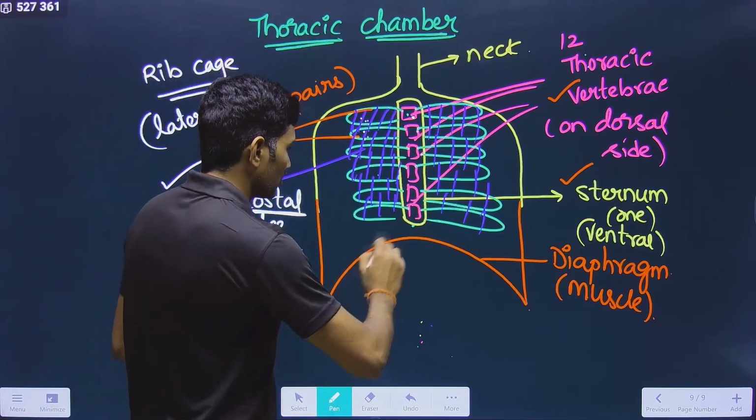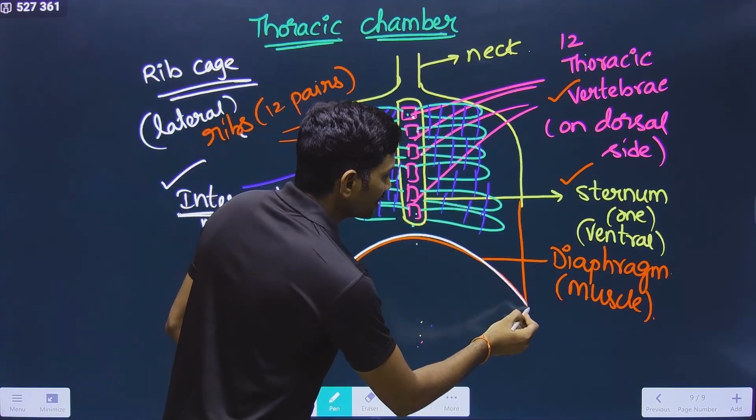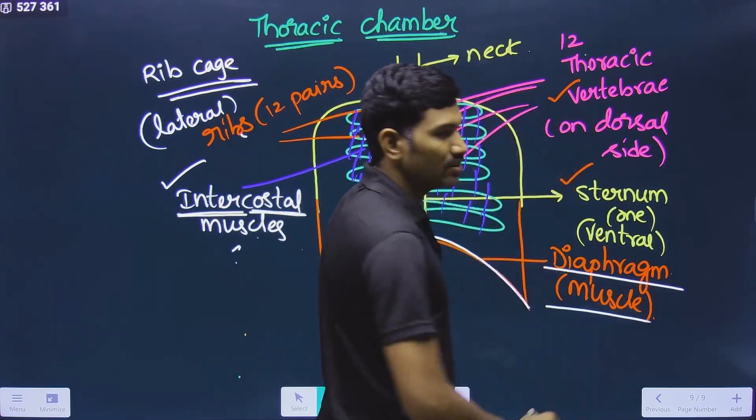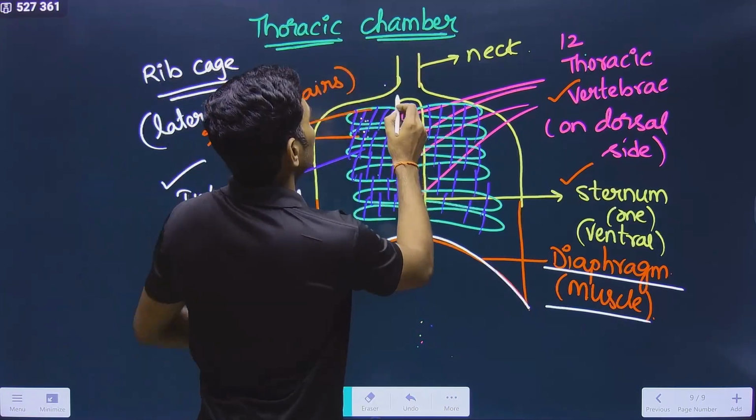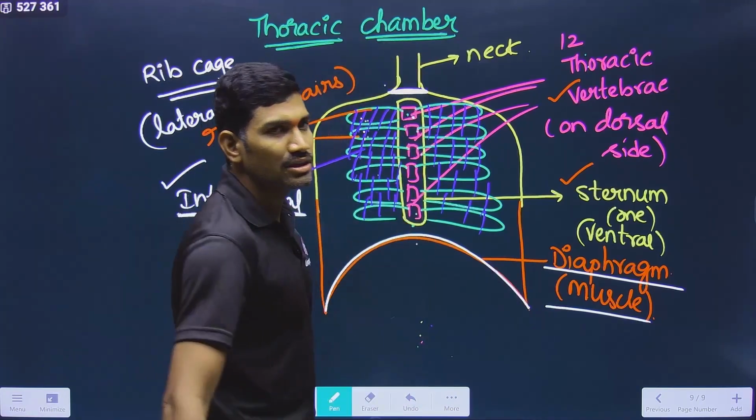And then below this there is a dome shaped diaphragm. It is also made up of muscles. Yes or no? On the top is the neck. Anyhow, this is a very tight, closed one.